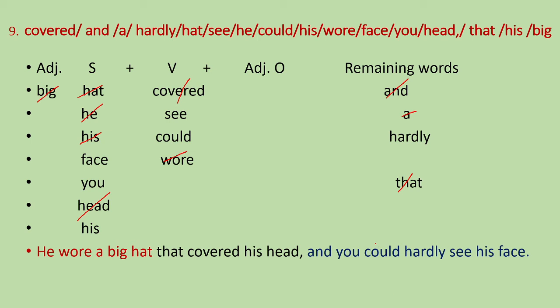That is why the word hardly will come. So he wore a big hat that covered his head, and you could hardly see his face. Now all the words are utilized, and we have been able to make a complete meaningful sentence using this equation and the elimination method.